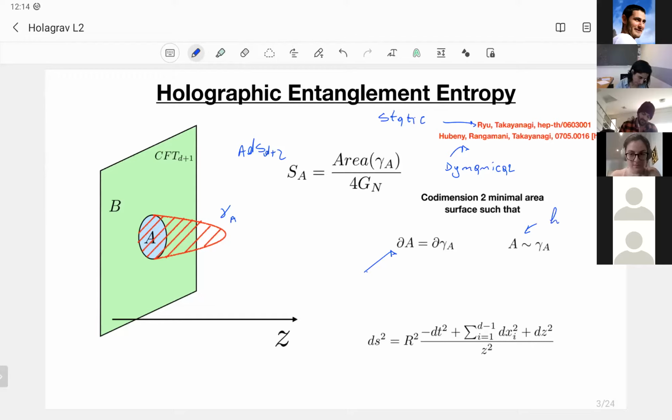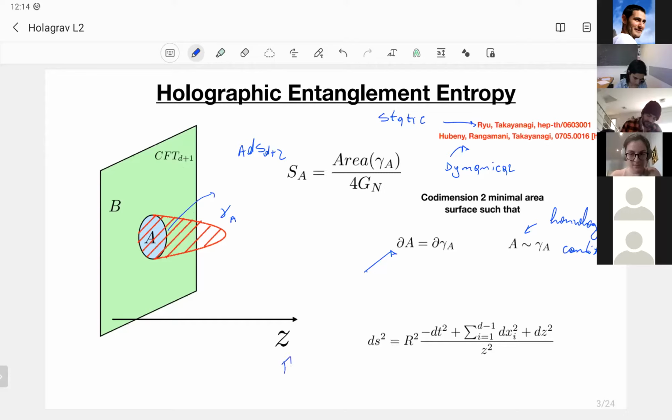This homology condition says that there exists a region R, here inside, filling this region, such that the union of gamma A and A is its boundary.